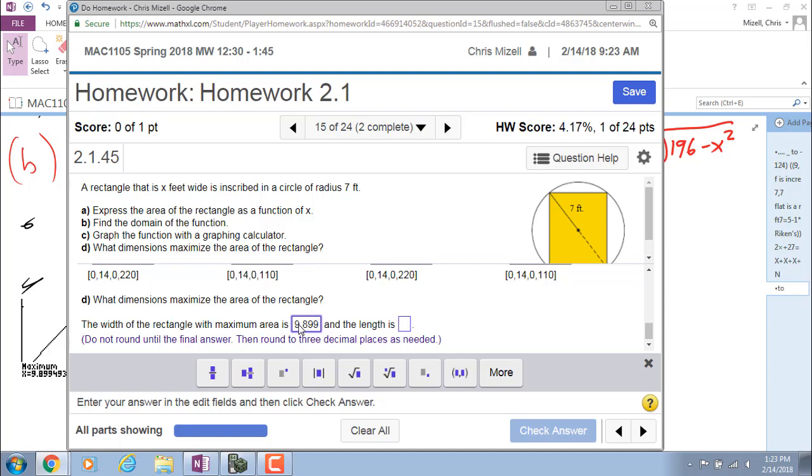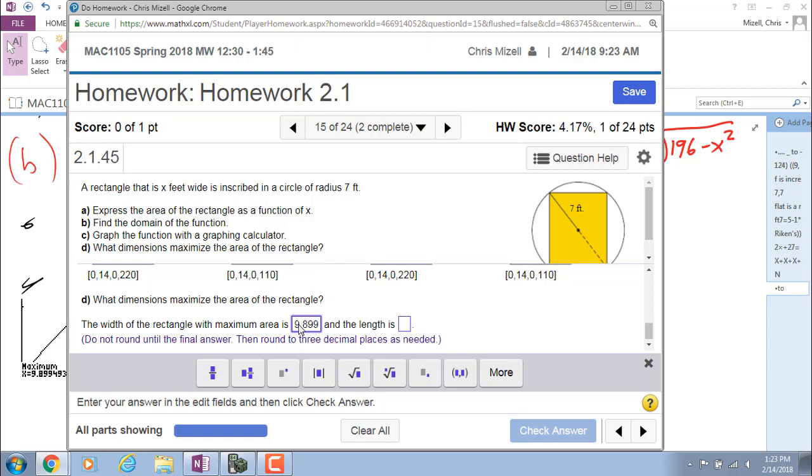Now for the length, I think I'm going to have to calculate the square root of 196 minus 9.8990 something something something squared. I really think I'm going to have to evaluate that expression to find the length. The other option would be to take the area and divide it by 9.899 something something something.